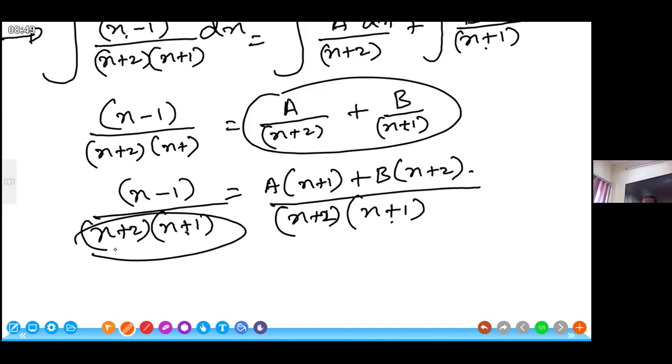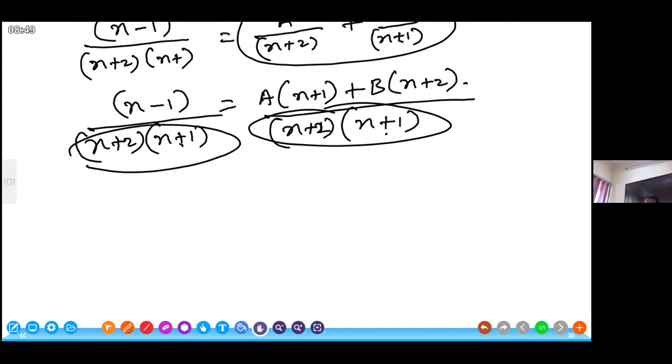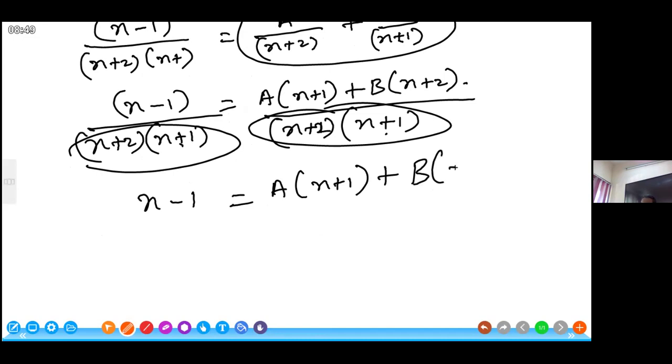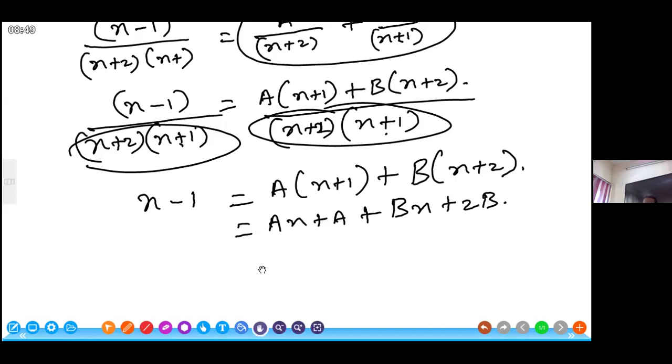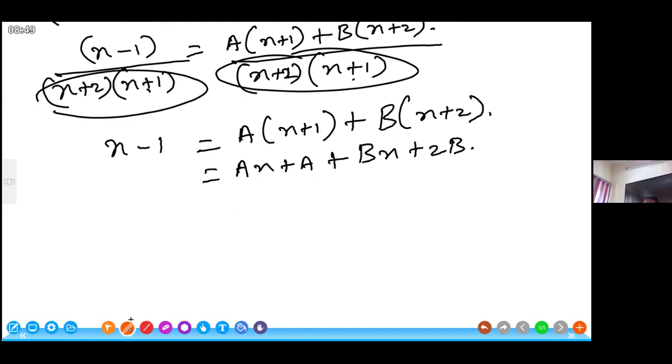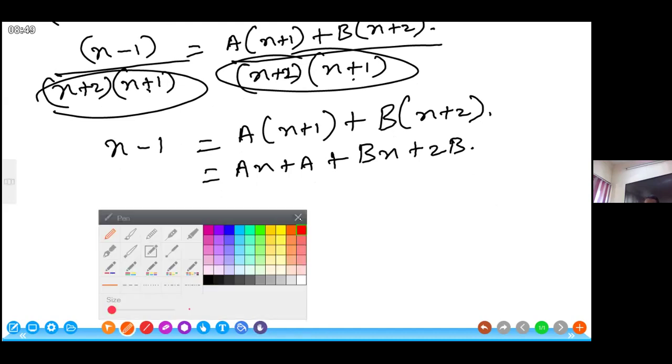The denominators are the same, so we compare only the numerators. x minus 1 is equal to a into x plus 1 plus b into x plus 2. Now we can expand: ax plus a plus bx plus 2b.